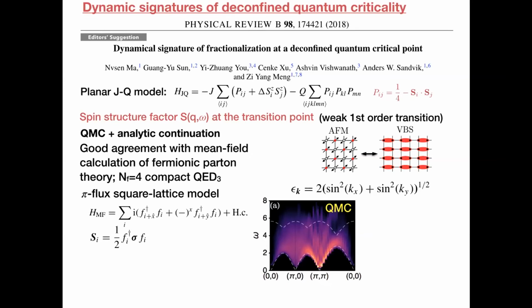Which you can think of as a mean field model of this version of among all these dual field theories in the web of dualities. We can look at the NF equals 4 compact QED3.